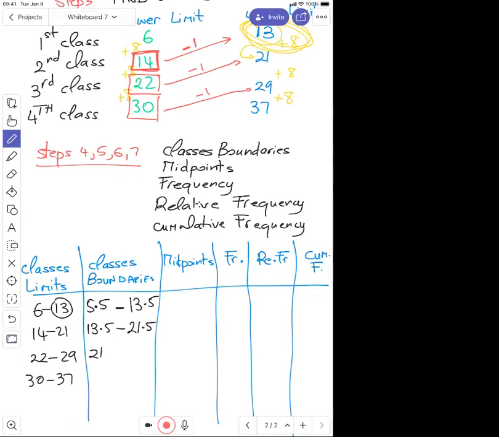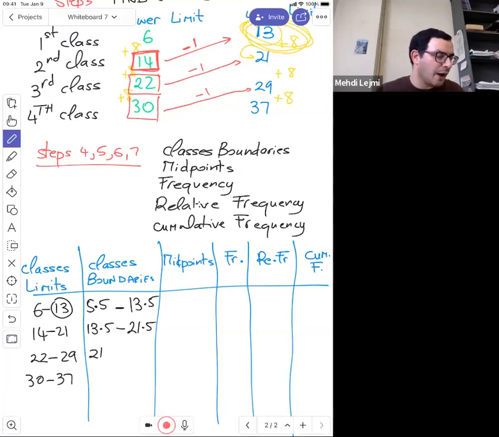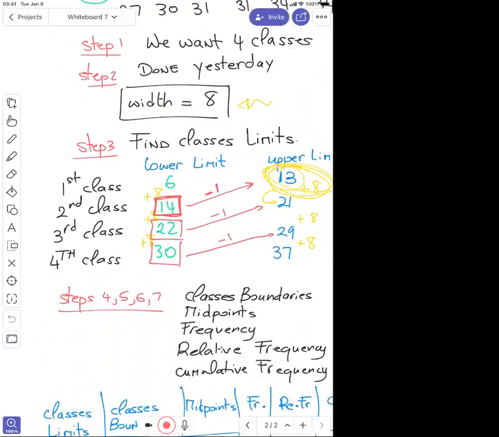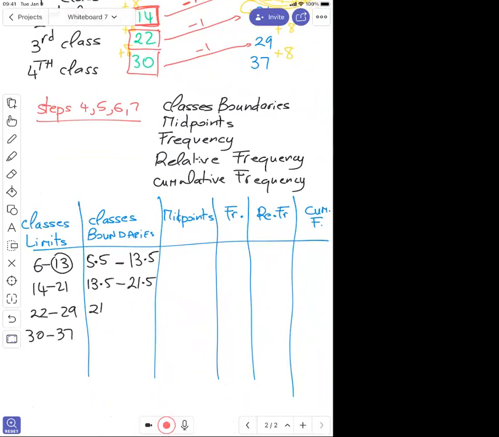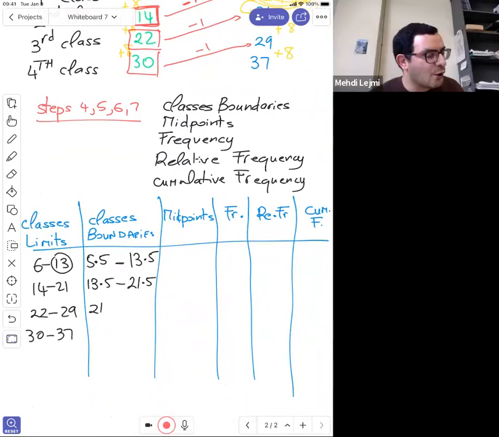How do I know the number for the class limit? Like how will I know it's 6, 13? I know the lowest number and the highest number. I know all of that. I'm trying to figure out how you do 6 minus 13.